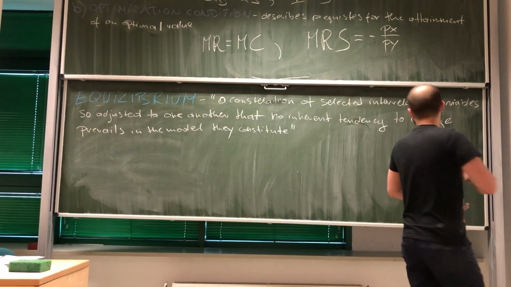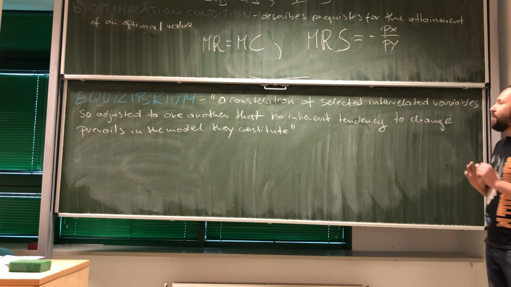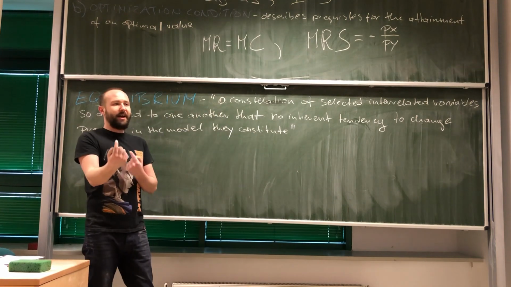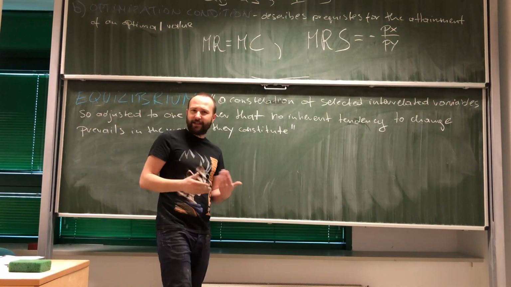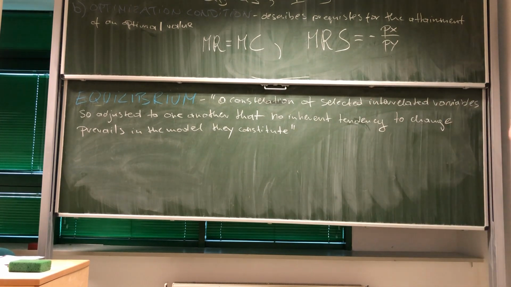Some of them are exogenous, so given outside the model, but some of them are endogenous, so they can influence one another. So we've got a set of variables that are having some influence on one another.